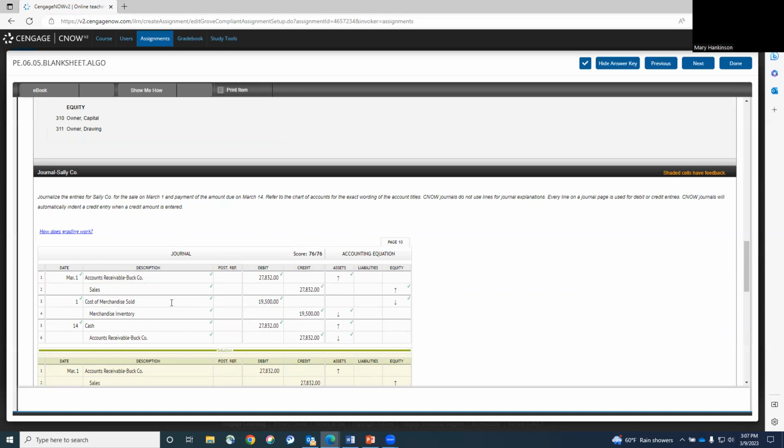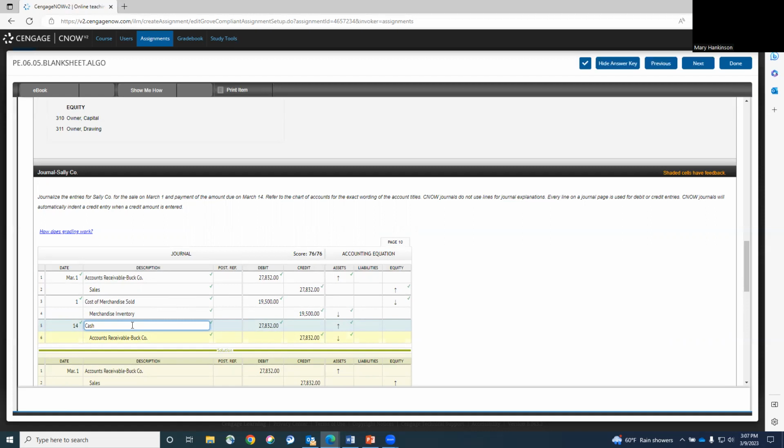And now it said that we received payment from Buck Company on March 14th. So if the credit terms were 2% discount and paid within 15 days, and we received payment on March 14th, then we received it within the 15 days. So we will increase our cash account to show that we received payment for the amount of $27,832, which is the discounted amount.